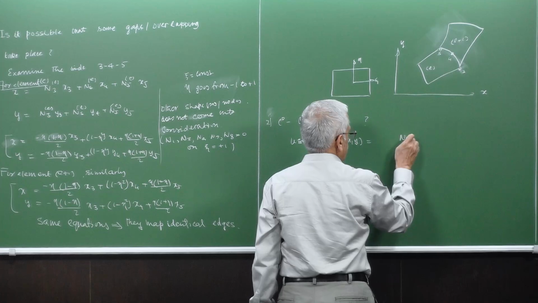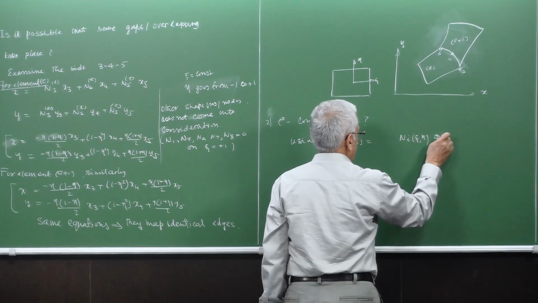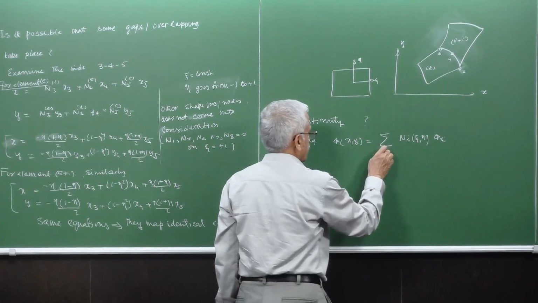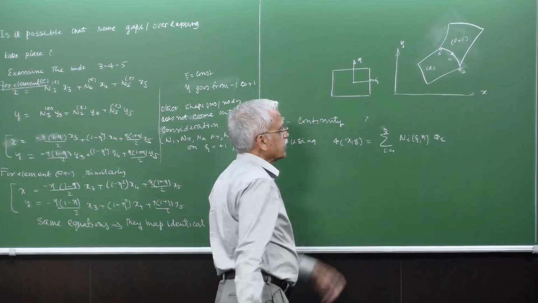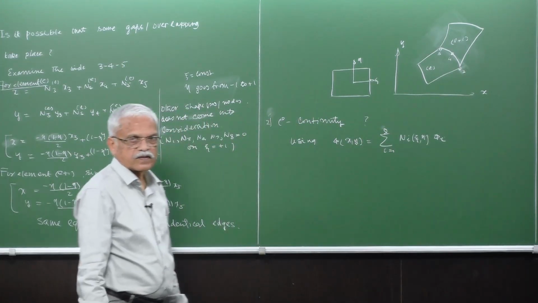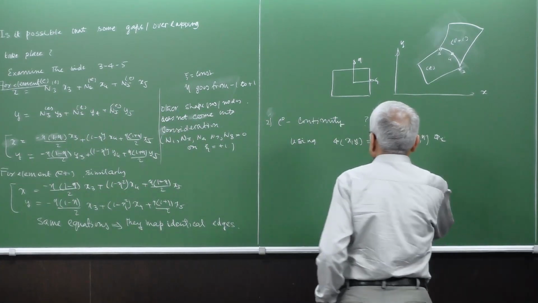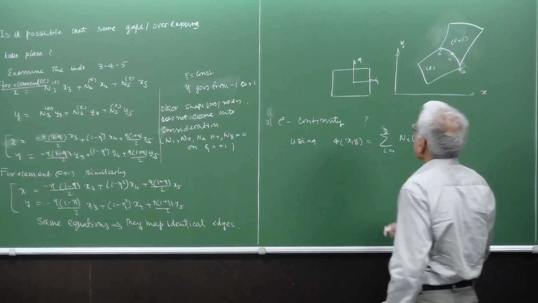We are just talking about one variable, phi, temperature, and let's assume that it's even an 8-noded element. So let me qualitatively explain it here.